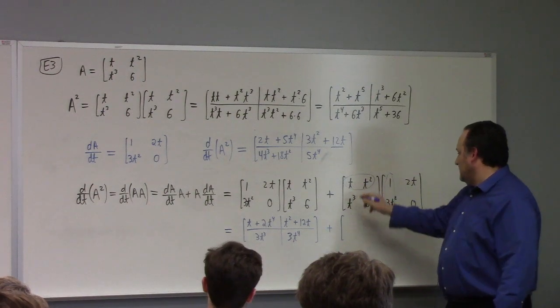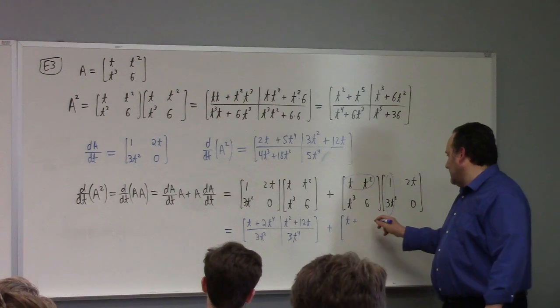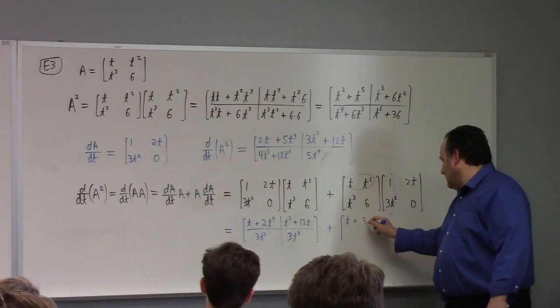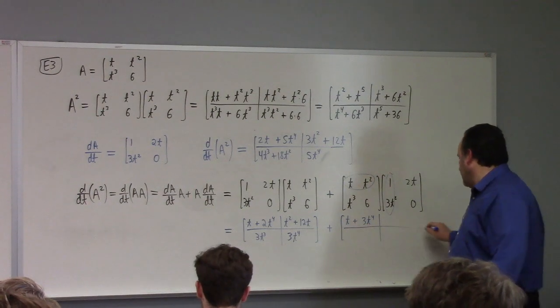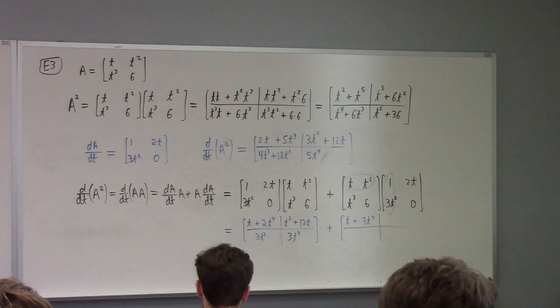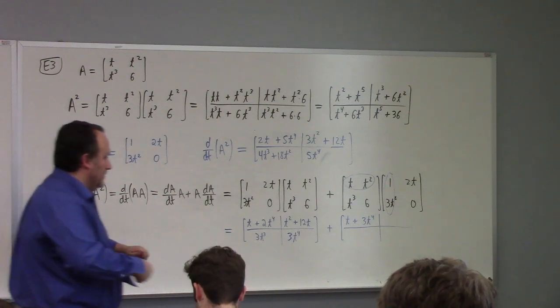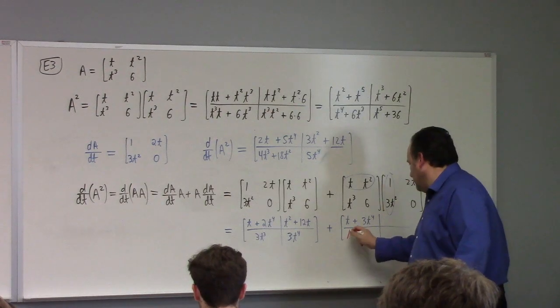So that gives me t plus, looks like a 3t to the 4th. And this is t cubed.